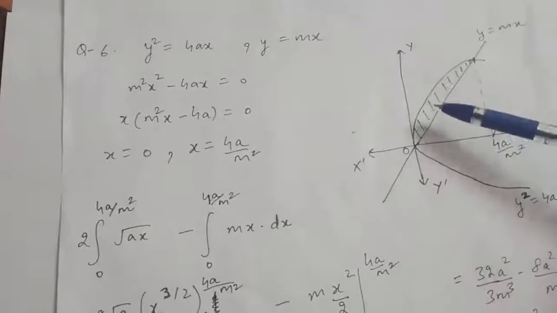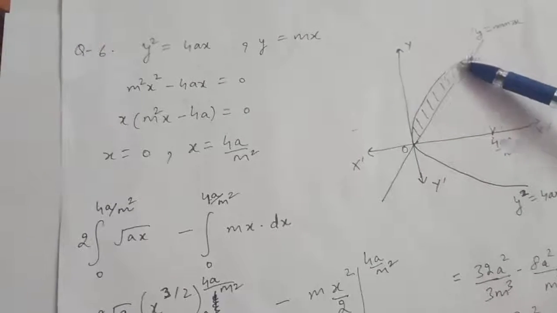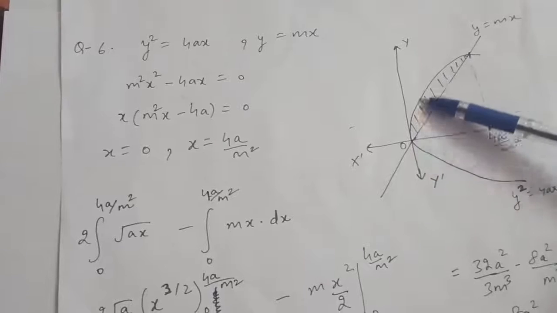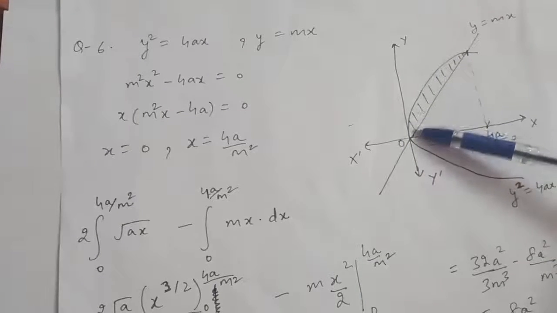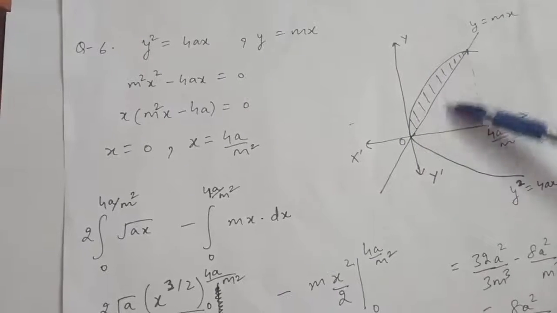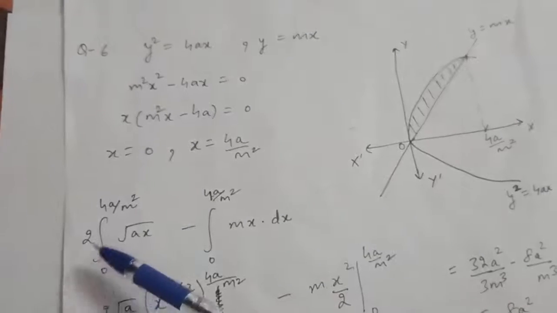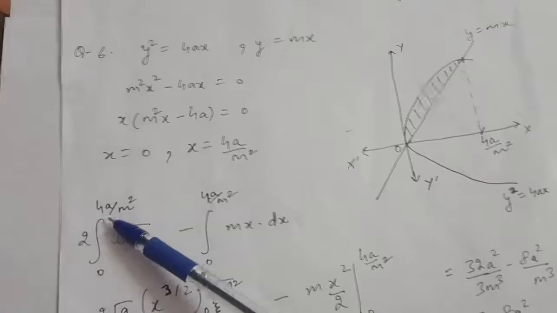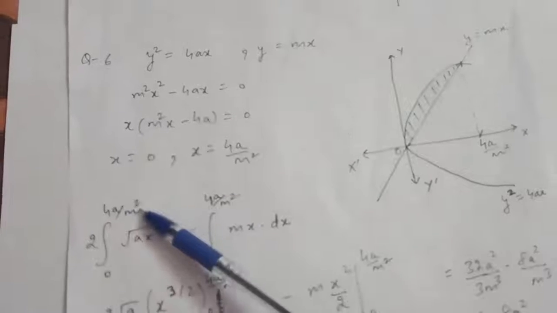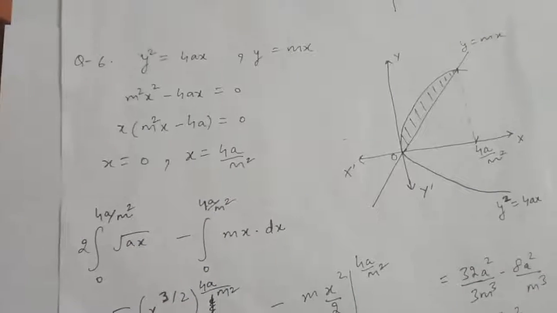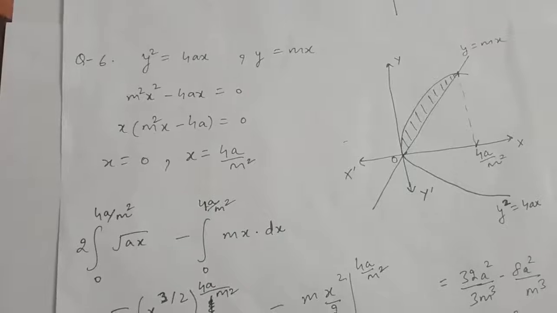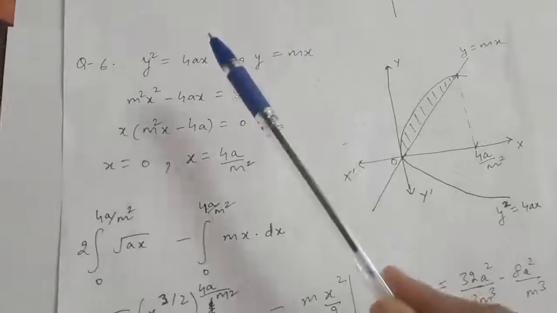Now see, to find this region, first of all we will find the area of the region below this parabola, which is this complete region, right? So the limits are from 0 to 4a upon m square. The equation of the parabola is y square is equal to 4ax.